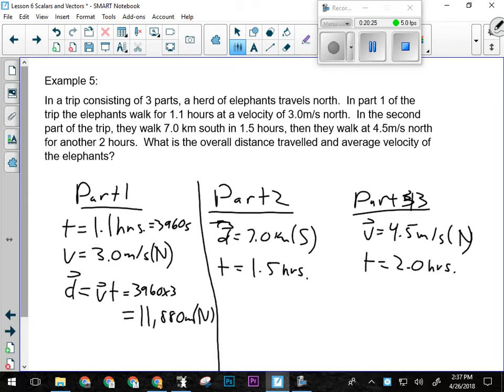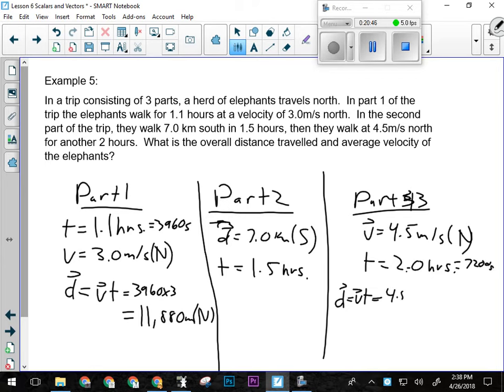In part 2, I already have distance and time, so I don't need to find anything there. I don't have the distance for part 3. It's the same calculation as I did in part 1: displacement equals velocity times time. I've got to put the hours into seconds, so 2 times 3,600 is 7,200 seconds.